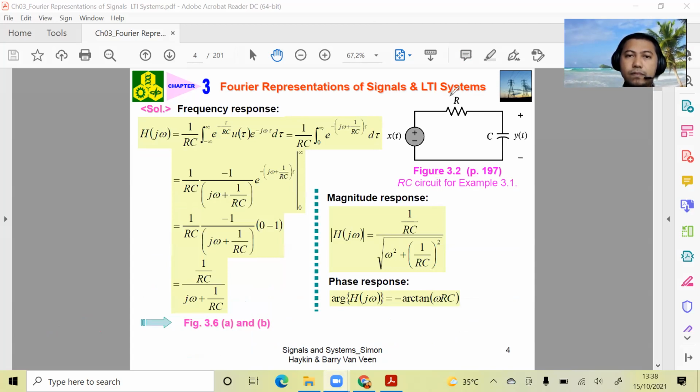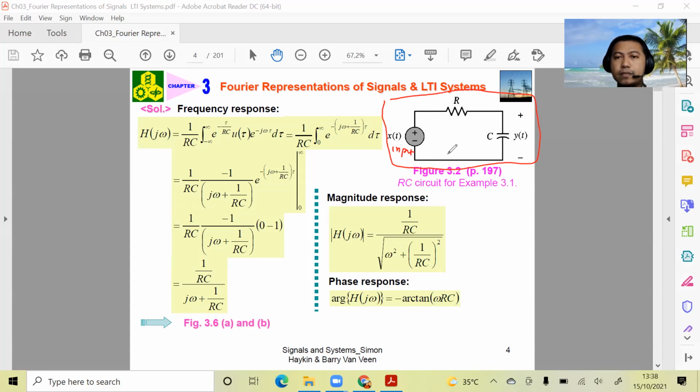Actually, this is an electronic circuit. The circuit has the input voltage here, and then has R, the resistor, and a capacitor.